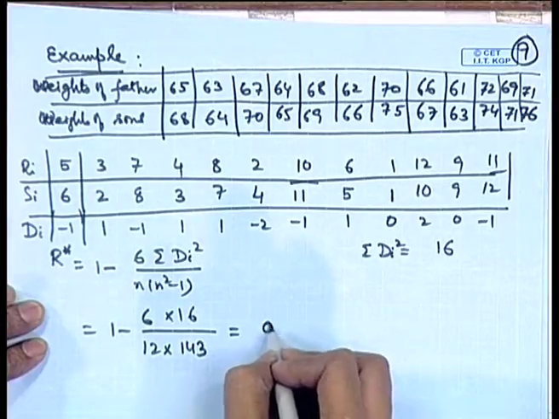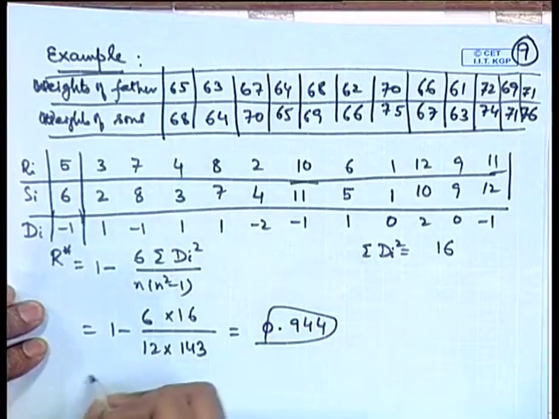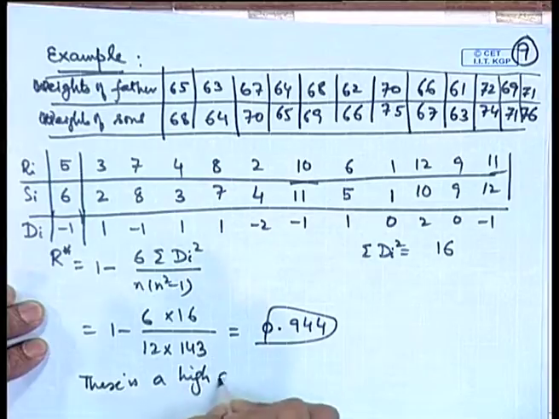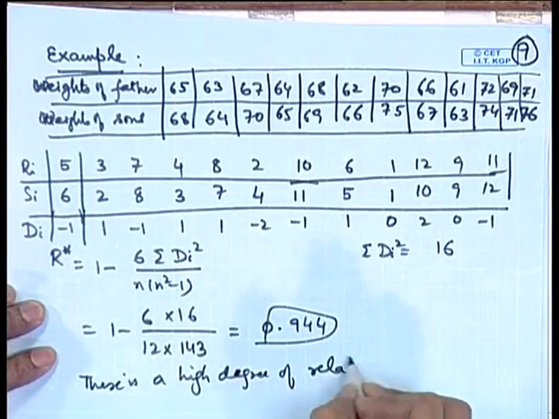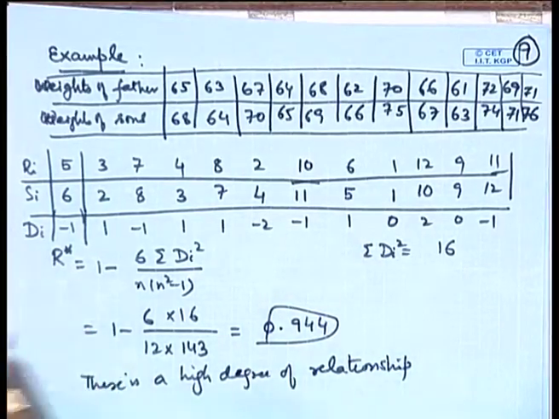After simplification, this value is 0.944. So, you can see that there is a high degree of linear relationship in the ranks of the weights of the fathers and the sons. So, we can safely conclude that the heavier fathers have heavier sons.